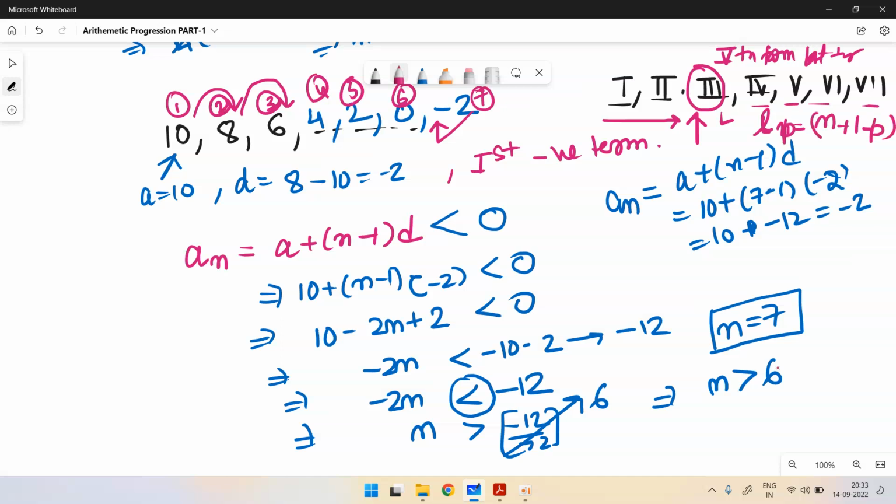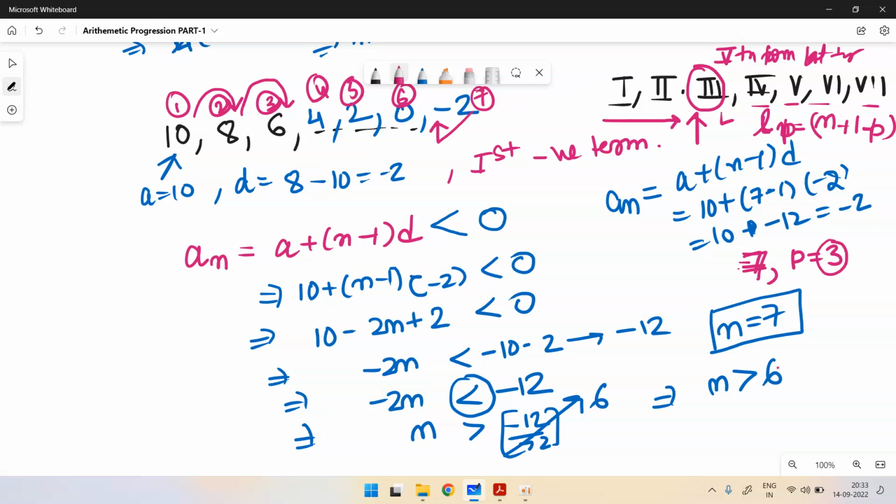Suppose the value of n is 7, so my total number of terms is 7. And for position p, I want to find the third position. What is the third position from the last? The third position from first, and total number of terms is 7.